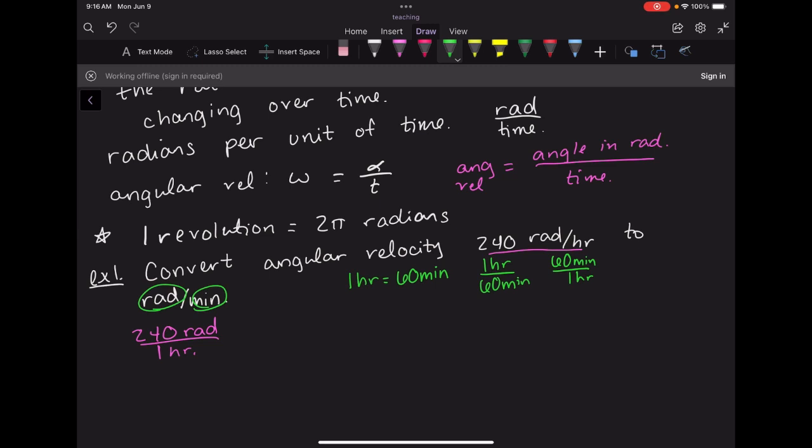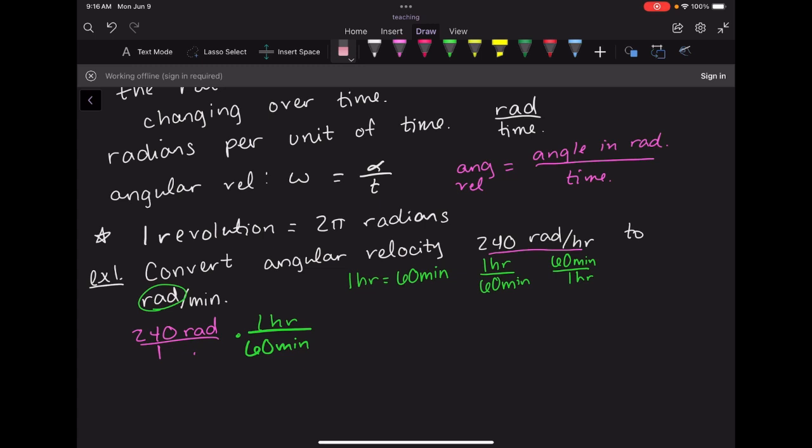If we want to cancel out hours, then we want hours to be at the top. And the reason we want minutes at the bottom is because minutes is at the bottom on this unit. Since it's radians over minutes, I want minutes to stay at the bottom.